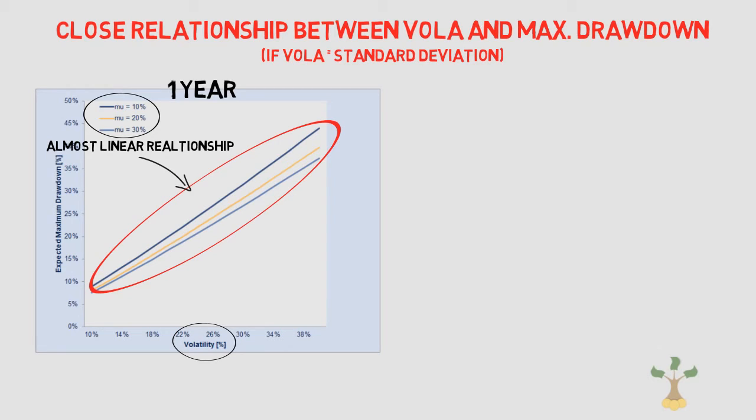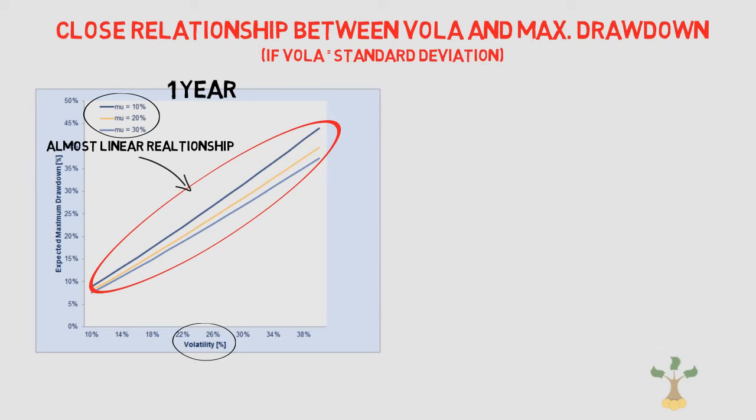What may be surprising is that a threefold increase in the expected return does only have a small effect on the expected maximum drawdown. This means that even a high mean return does not prevent large drawdowns. However, a high mean return reduces significantly the time needed to recuperate from such a large drawdown. Keep in mind that we are looking at the expected maximum drawdown, which is a mean value. An individual maximum drawdown can be greater or smaller than that, of course.